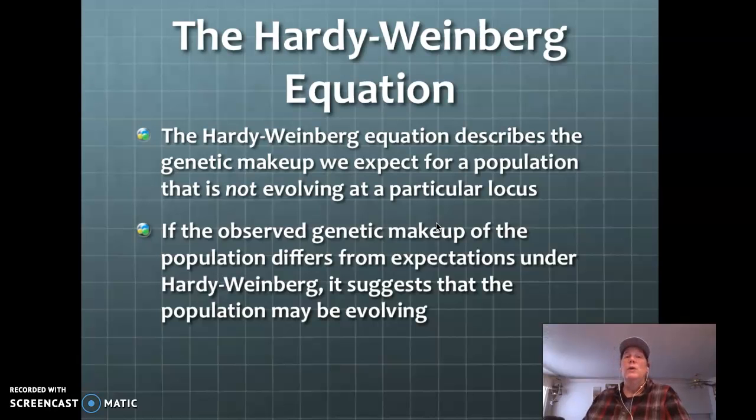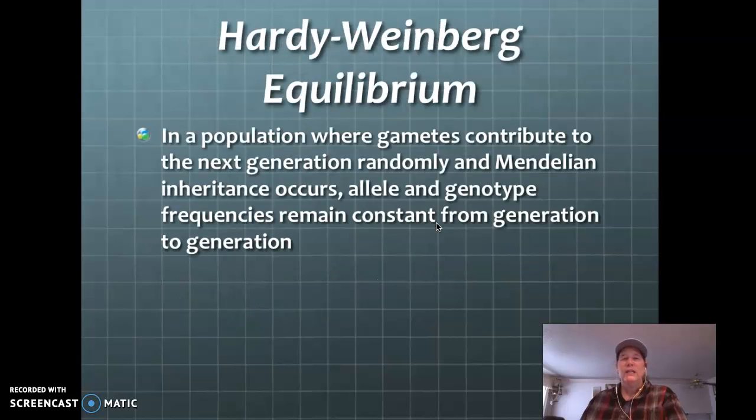Okay, so when you're doing the Hardy-Weinberg principle, that is for a population that didn't have anything change it. There were no mutations, nothing like that occurred. Okay, so where the gametes contribute to the next generation randomly, like when we talked about Mendelian genetics, this equation works perfectly.